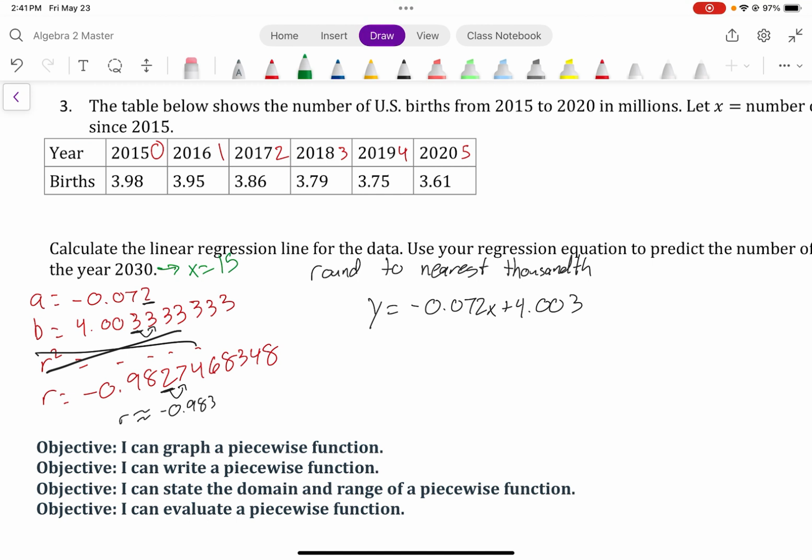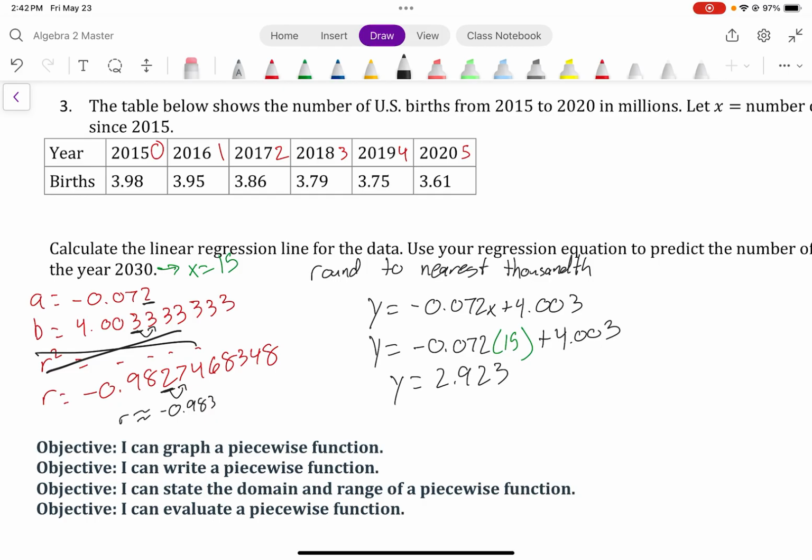There's been 15 years since 2015 to get to 2030. So I've got y equals negative 0.072 times 15 plus 4.003. And I'm going to put that into my calculator. And it's going to tell me y equals 2.923, which is perfectly fine.